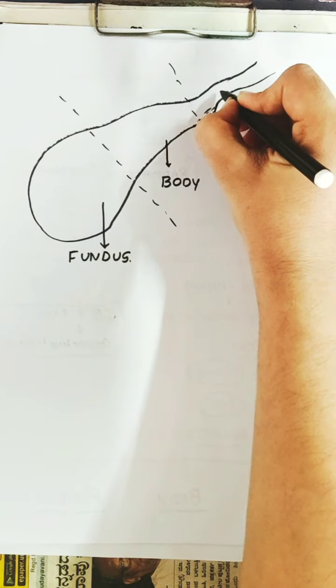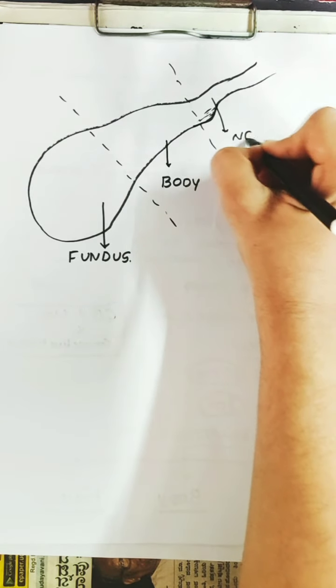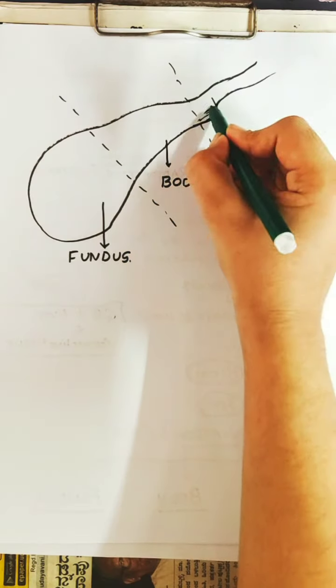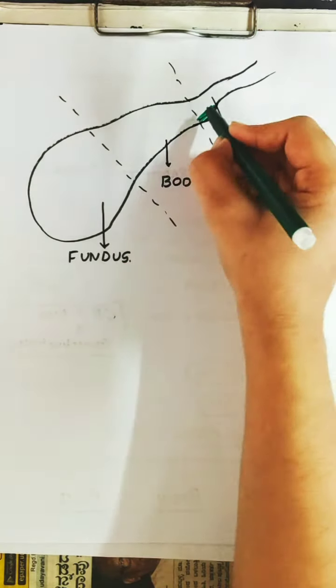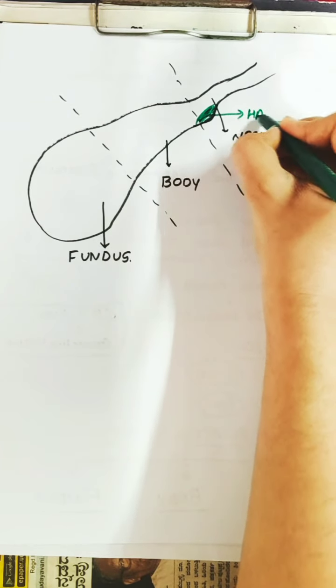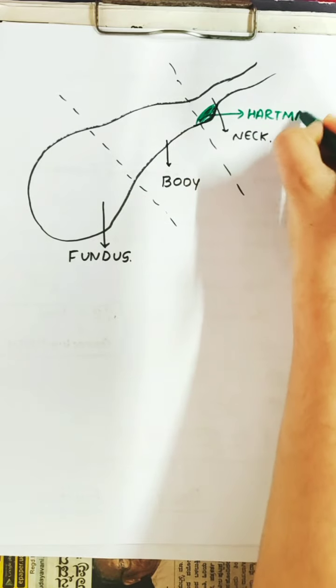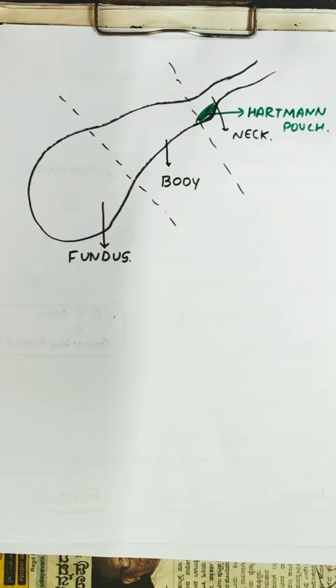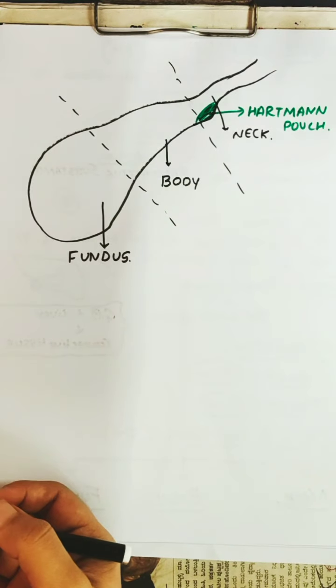And finally, the third part is the neck. You can see a pouch-like structure here. This pouch is usually called Hartmann's pouch. Remember this. There is a pouch kind of structure in the gallbladder called Hartmann's pouch.